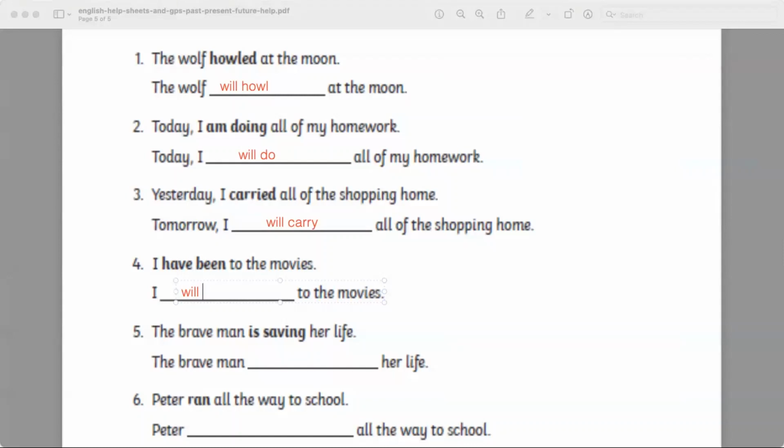I will go to the movie. Well done. Or you can say I am going to the movie. That will be right as well.